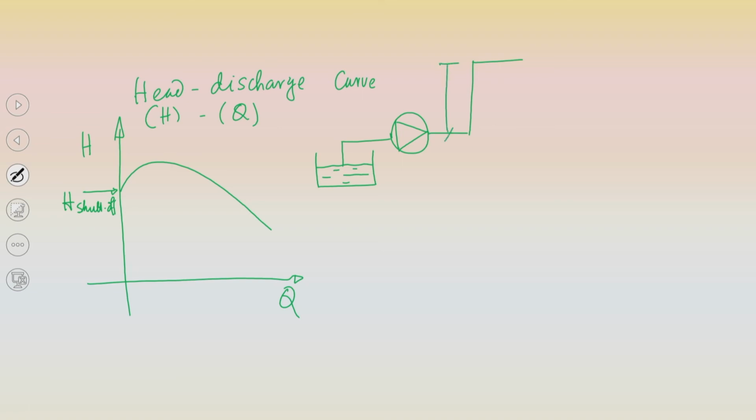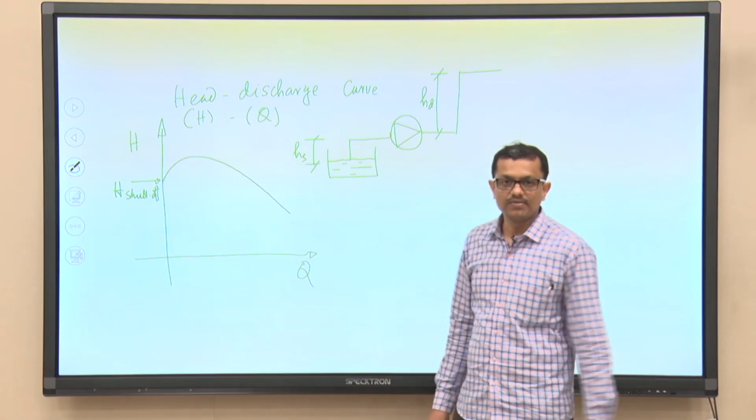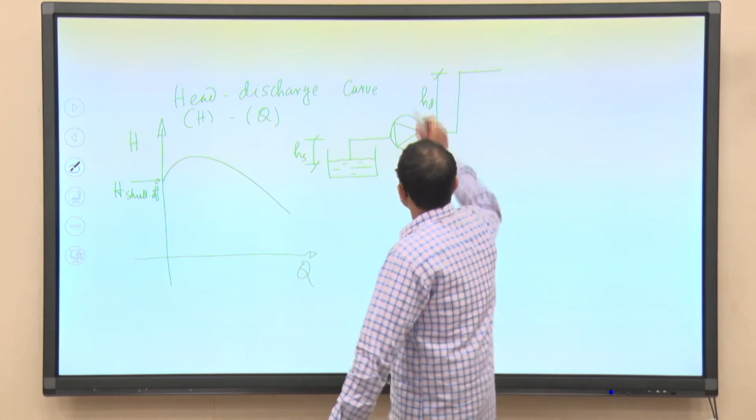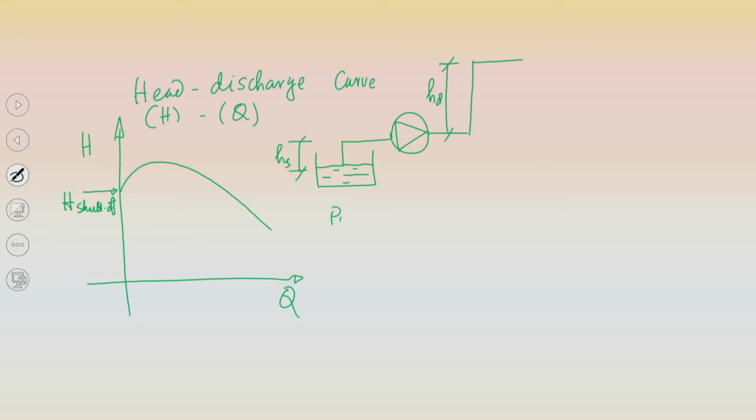So, this is H d, and also the pump is drawing water from a tank which is located H s distance below the pump datum, that is the axis of the impeller. So, pump datum, which is important.